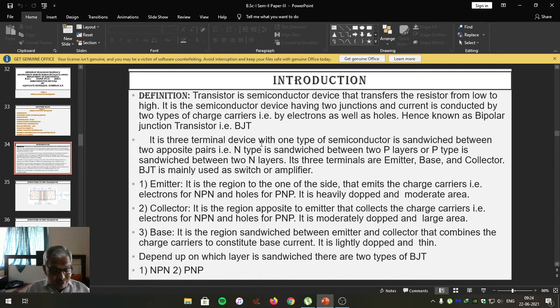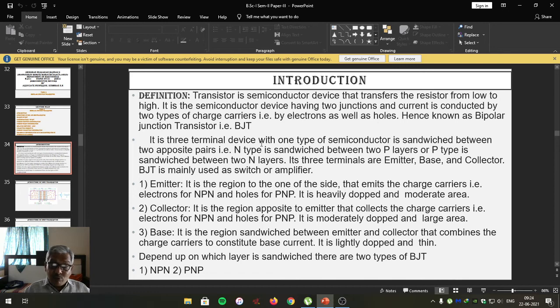Sandwich, friends, we are well aware of the sandwich. It is one kind of food. When one material is introduced between two materials of the same type, it is called a sandwich.